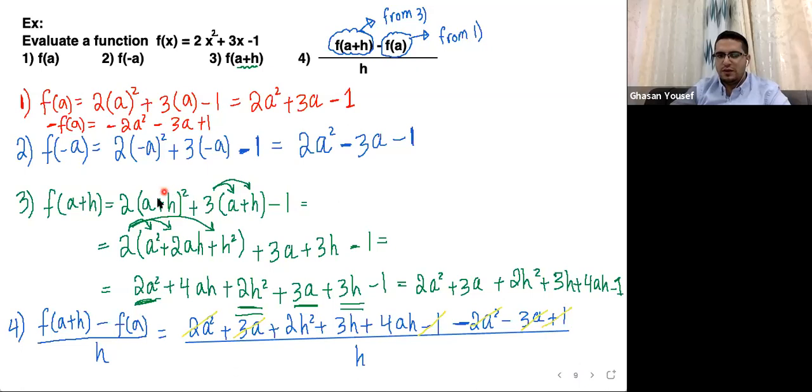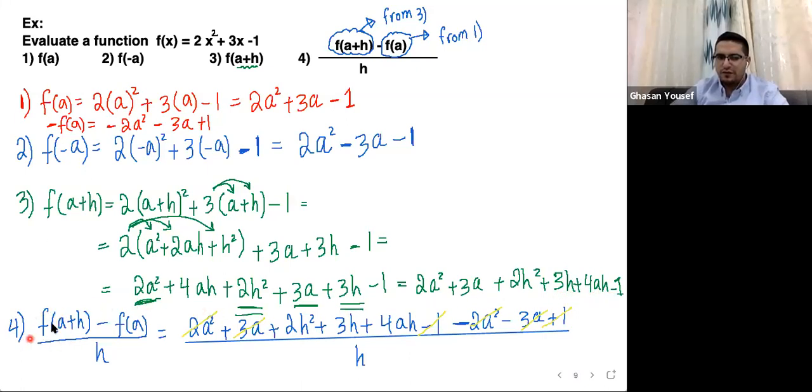The square, as we learned from the previous section, is the first term squared plus 2 times the first one times the second one plus the second one squared. The 3 distributes inside the parentheses, I get 3a plus 3h minus 1. After we simplify it, we get 2a squared plus 3a plus 2h squared plus 3h plus 4ah minus 1.